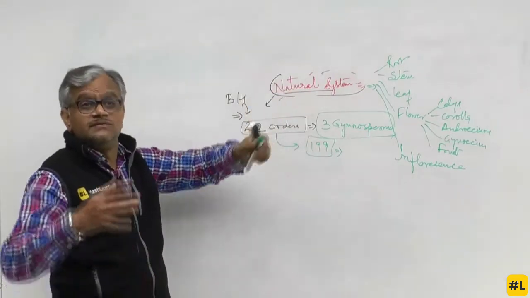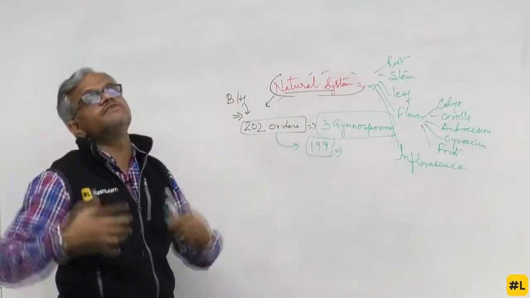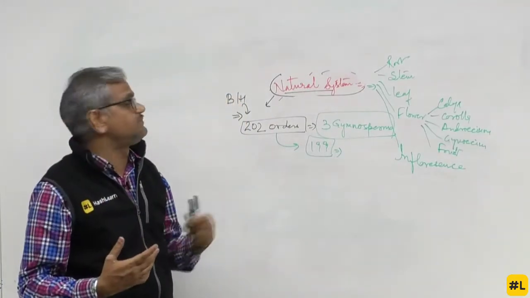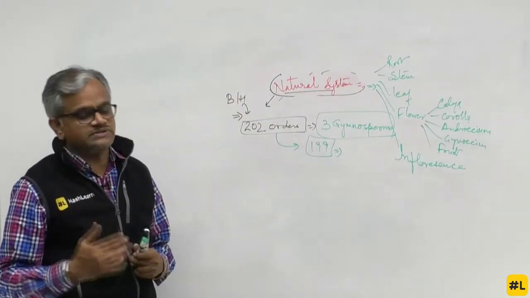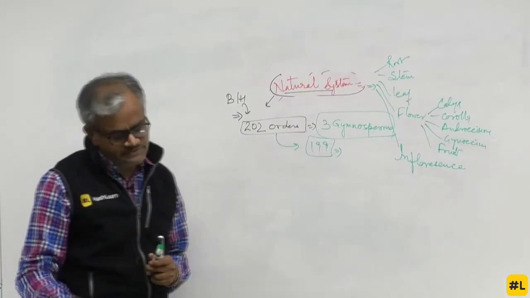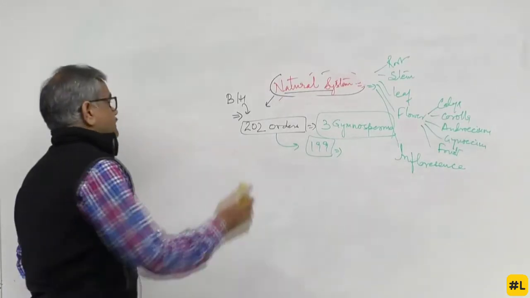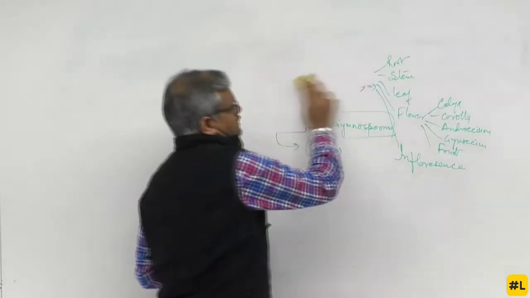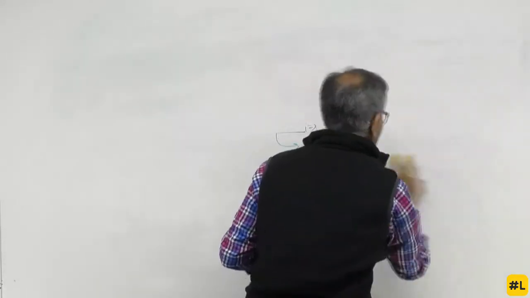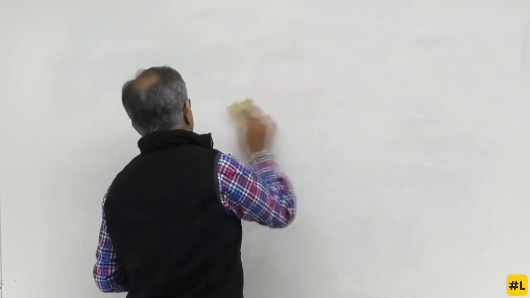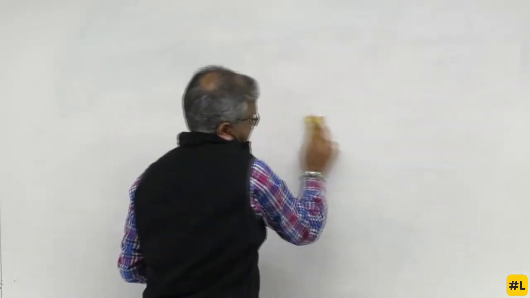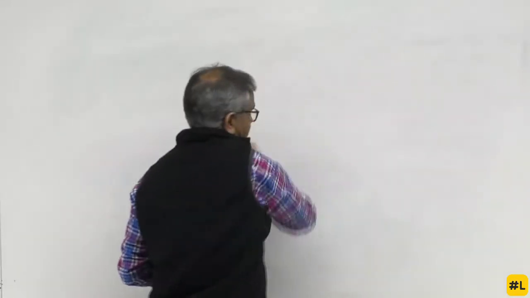With this, whatever modern classification that we follow, natural system of classification, there are many people, but you should remember only one, as far as your competitive examinations are concerned: Bentham and Hooker, okay.